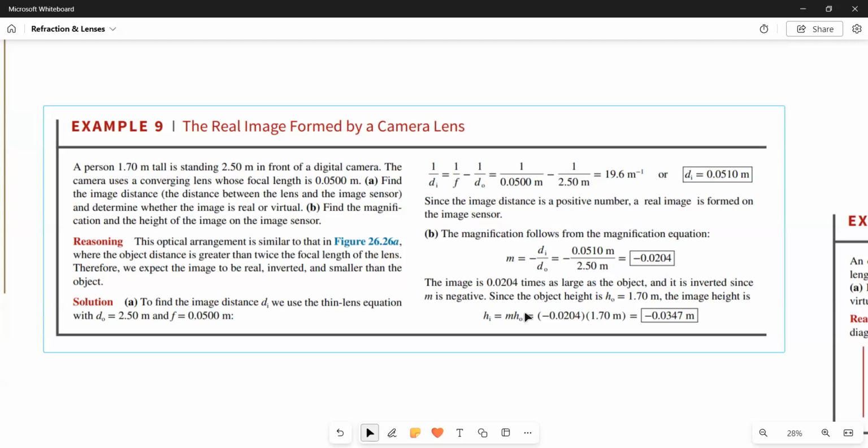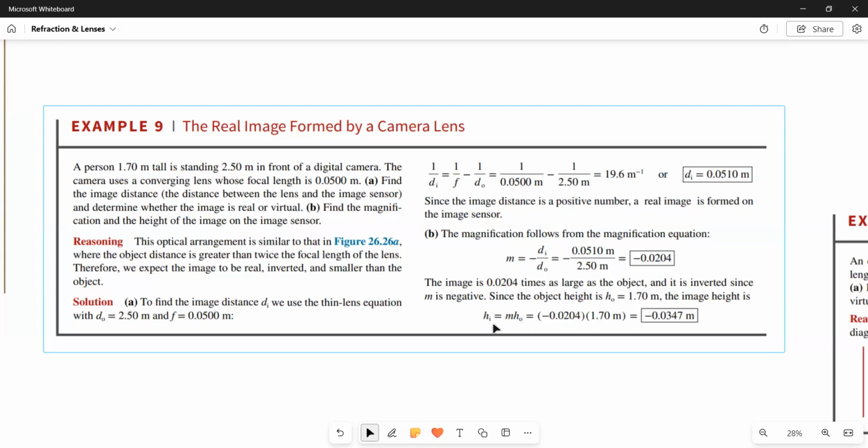So to calculate the image height, well, you use the formula. Well, here it is. Where is the formula? The magnification formula. Magnification is equal to the height of the image over the height of the object, right?